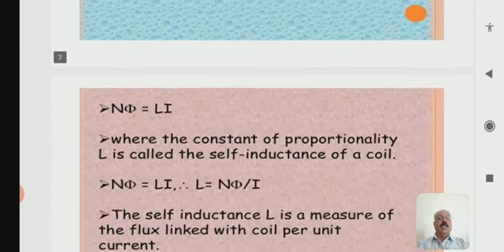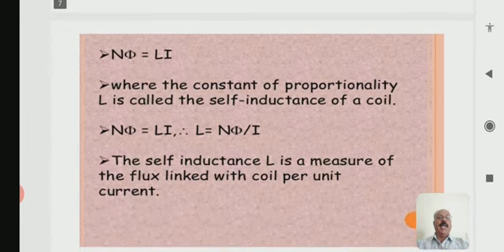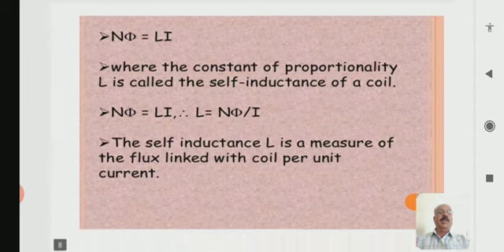That is, n phi is directly proportional to I. Removing the proportionality symbol, we get a constant, L. So n phi is equal to L into I, where L is the constant of proportionality called the self-inductance of a coil. Rearranging, L is equal to n phi divided by I.